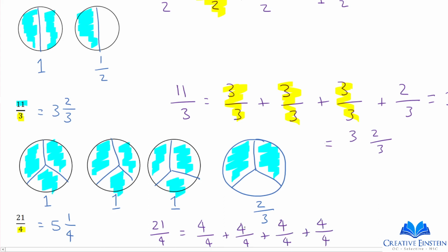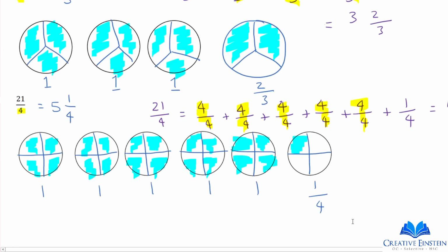We've got 4, 8, 12, 16. 4/4 gives me 20. And I want 21, so plus 1/4. That gives me 21. Now that shows me that there's 1 whole, 2, 3, 4, 5. 5 wholes, and we've got 1/4 left over. So 5 wholes and 1/4.